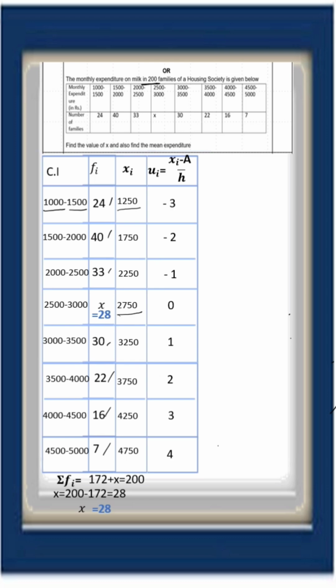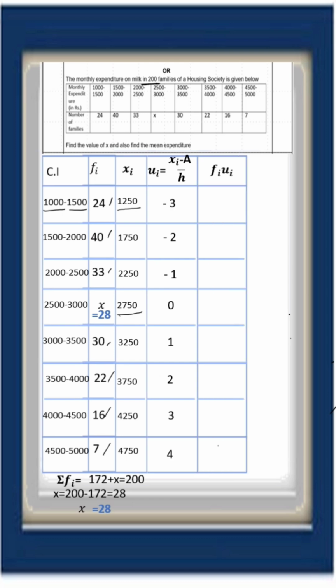Now let us add one more column to find fi ui. 24 into negative of 3 is equal to negative of 72. 40 into negative of 2, negative of 80. 33 into negative of 1, negative of 33. 28 into 0, 0.